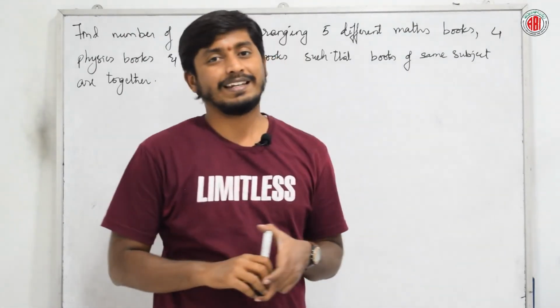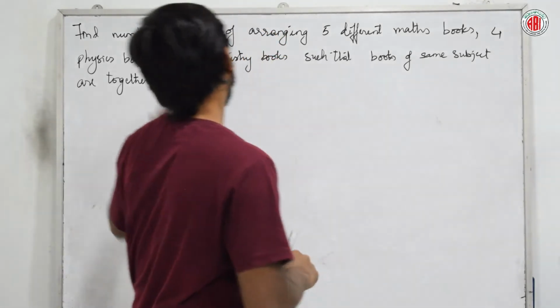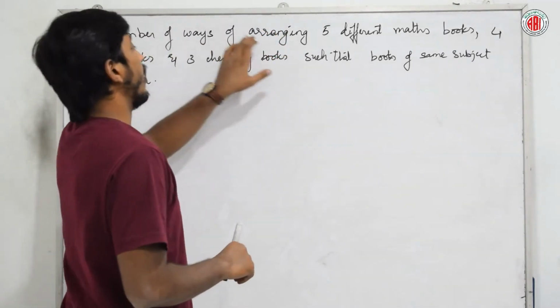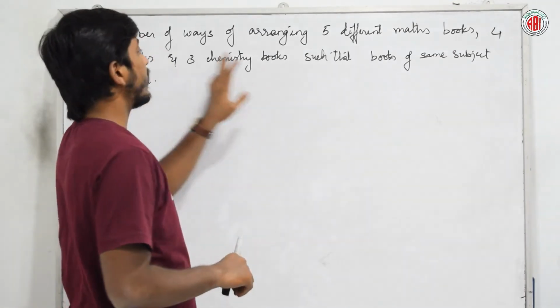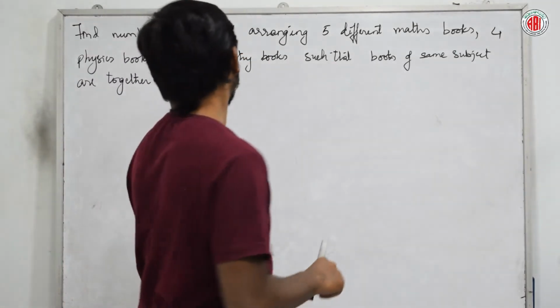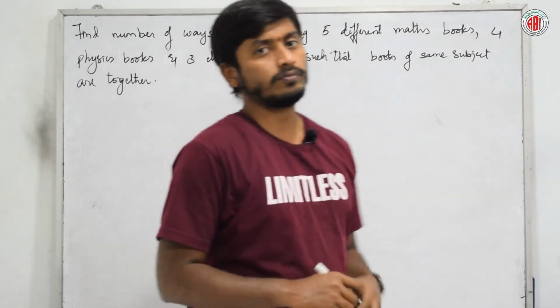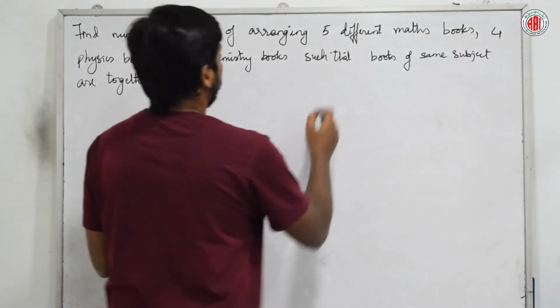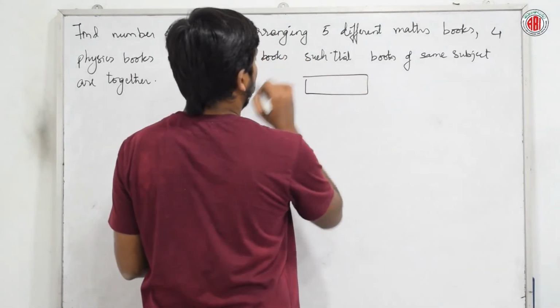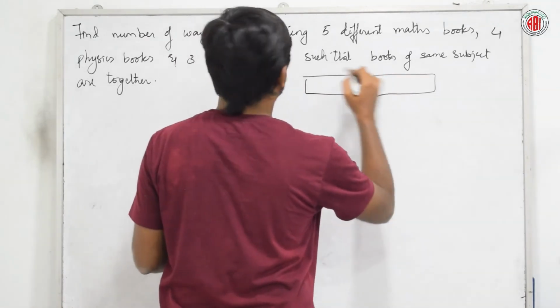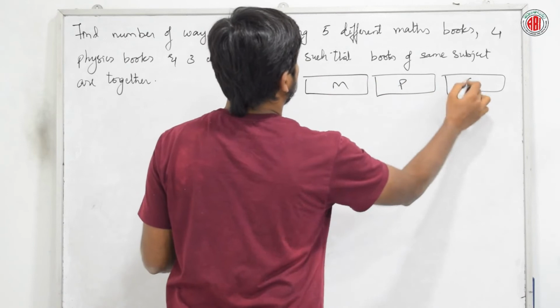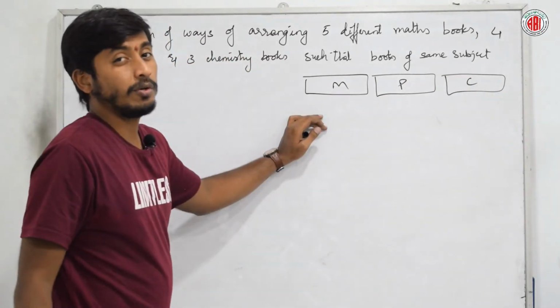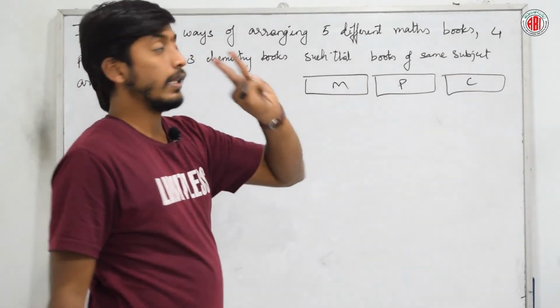Let's do. Look at the next question here. He is asking us to find the number of ways of arranging 5 different maths books, 4 physics books, 3 chemistry books, such that books of the same subjects are together. So we will put maths books together, physics and chemistry books together. Maths, physics, chemistry. So how many units do we have? Total 3 units.